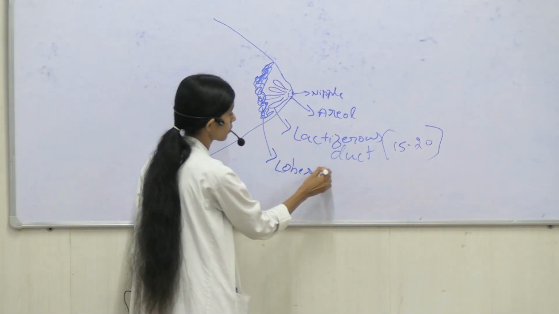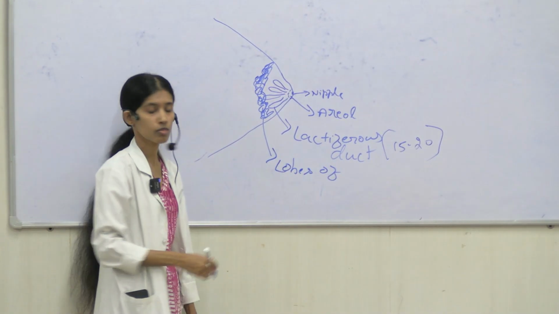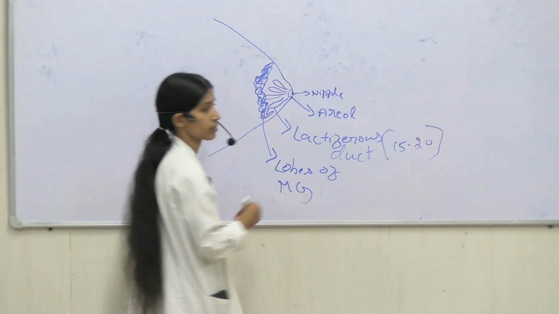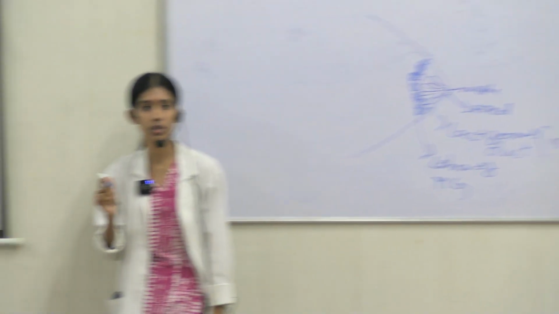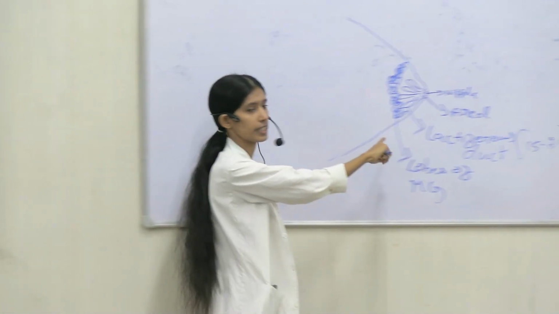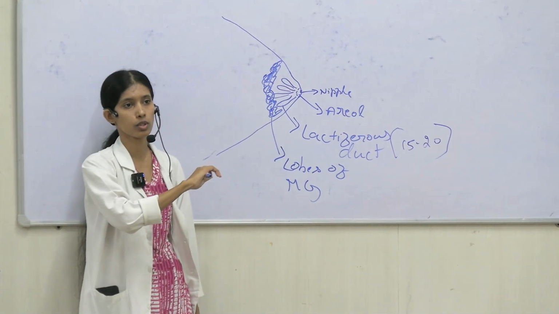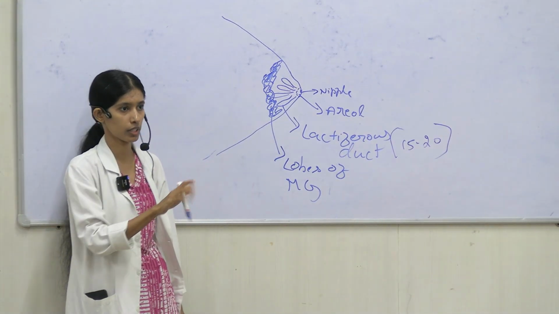Lobes of the mammary gland. For newcomers, where are the newcomers? Can you please raise your hands? So you guys were also not there during the mammary gland part. You can just take down the notes, try to remember the important names. Right now, just try to remember the important names, more than enough.